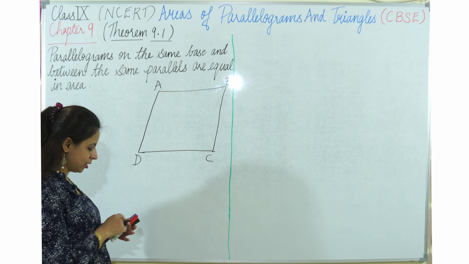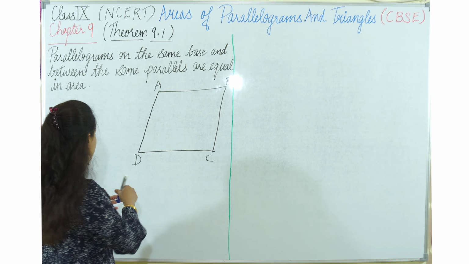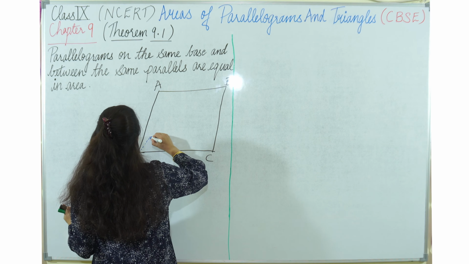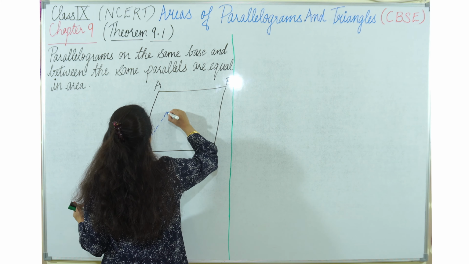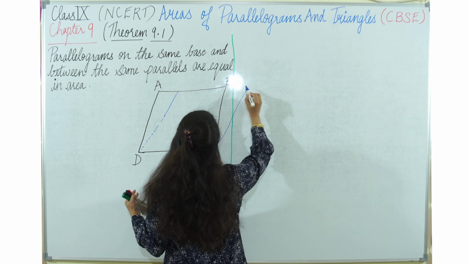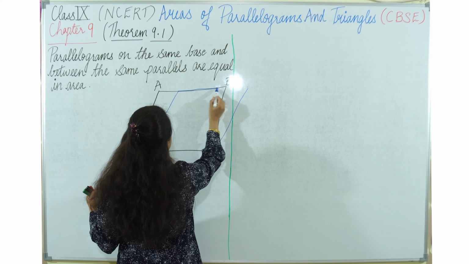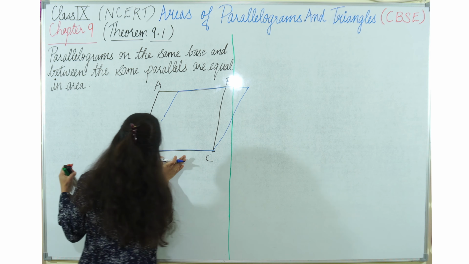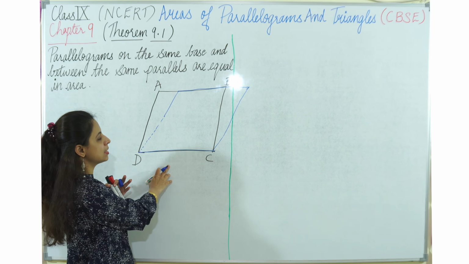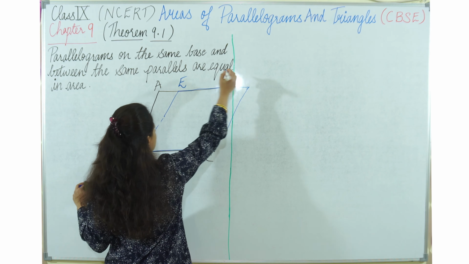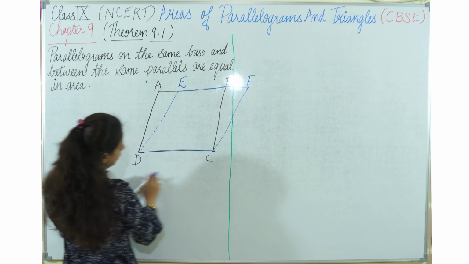Okay, so let us draw another parallelogram over here. So this is our another parallelogram and it is lying on the same base DC. The base is same over here, DC, and the parallelogram is EFCD.